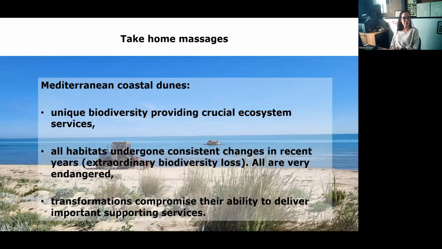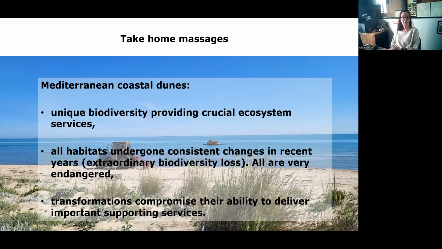Well, we have some take home messages. Coastal dunes are very interesting ecosystems due to the unique biodiversity they host, and because they provide crucial ecosystem services. However, they have undergone consistent transformation in recent years. We observe an extraordinary biodiversity loss.